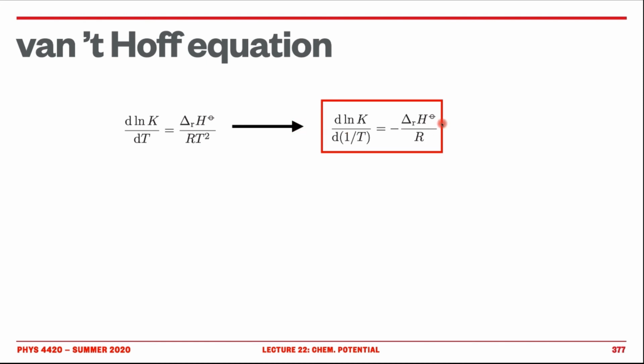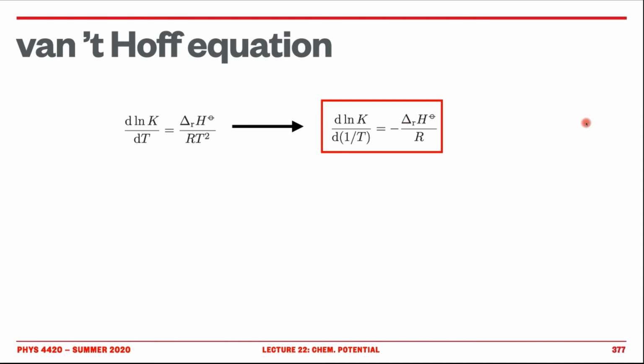There is nothing really crazy about it. The advantage is that by doing this, you actually get rid of the minus 1 over T squared on the right-hand side. So the right-hand side is just the minus heat of the reaction in standard conditions divided by the gas constant. So that's nice. It's just one number.